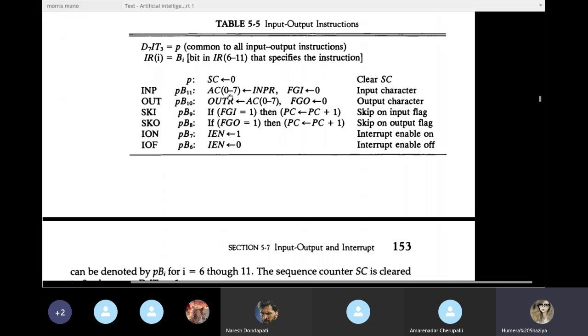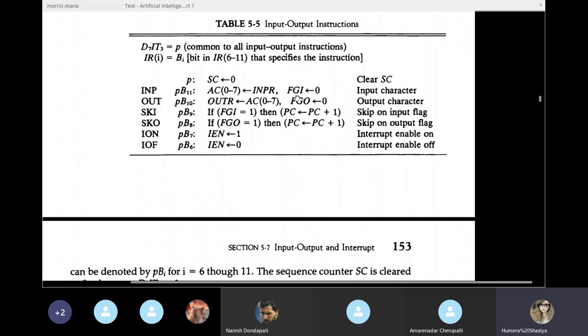So this information, which is 1 byte, from bit 0 to 7 of the accumulator, you are transferring the input register contents. Then you clear the input flag.